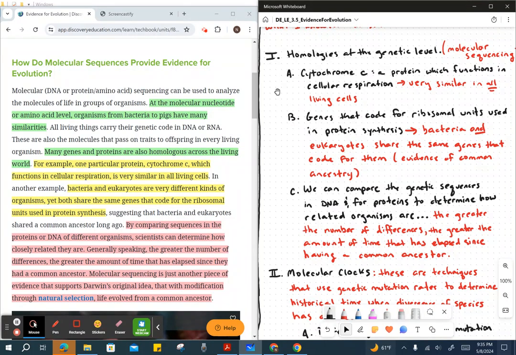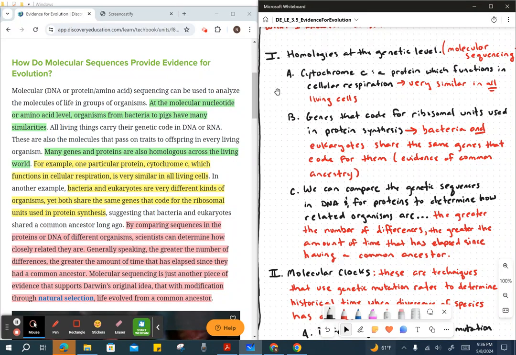So, of course, does this provide evidence for a common ancestry? The fact that all living things appear to be using the same protein to execute cellular respiration? Well, you can't ignore it, right? It's a piece of evidence, and it has some weight to it.